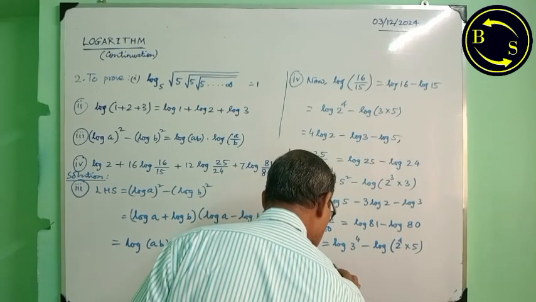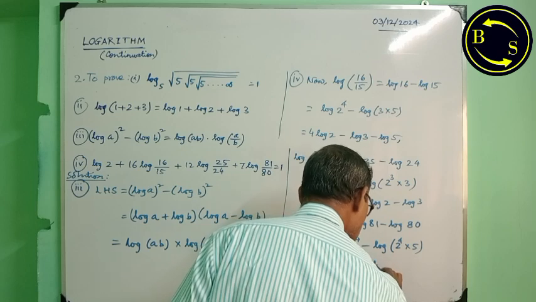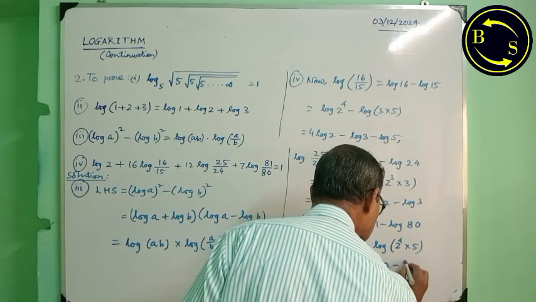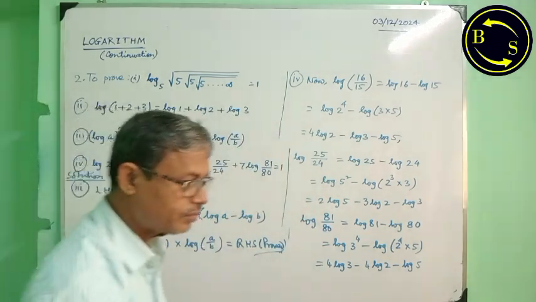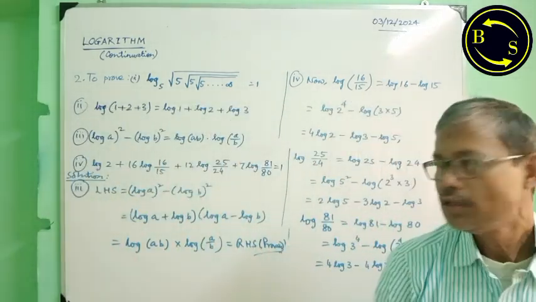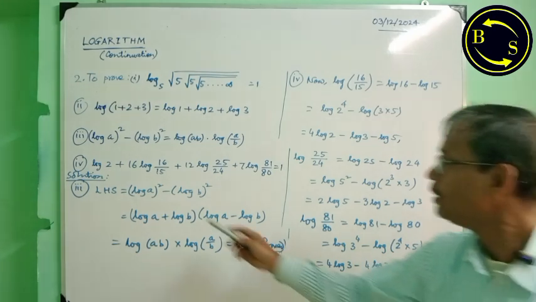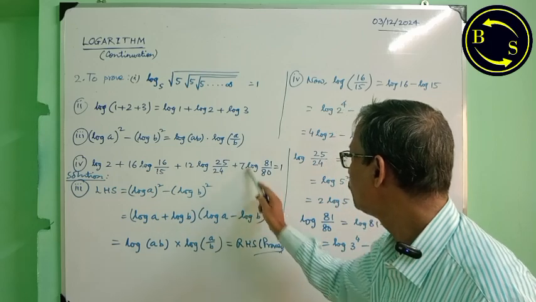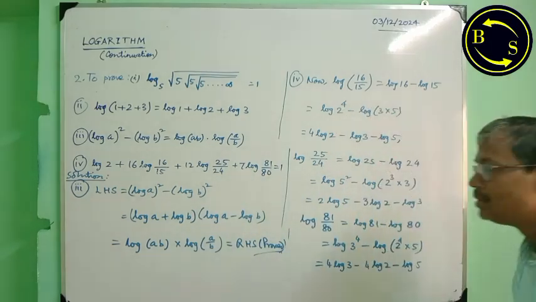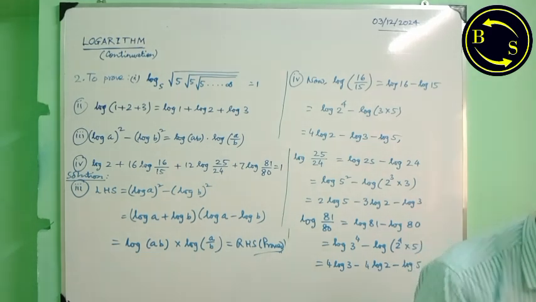That means 4 log 3 minus 4 log 2 minus log 5. To avoid the complication, I have calculated these three logarithms first, like this. Though it will be longer apparently, it will be quite easier.